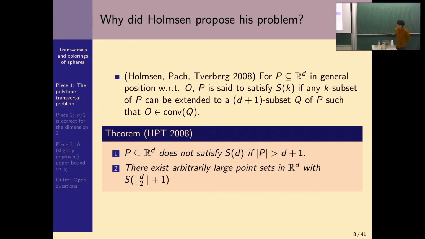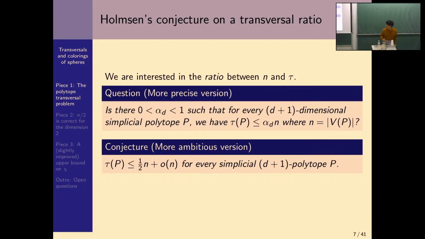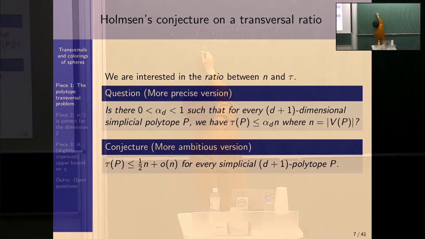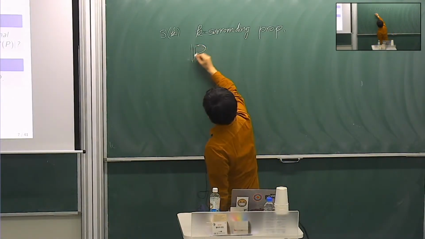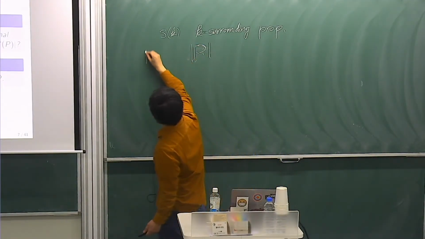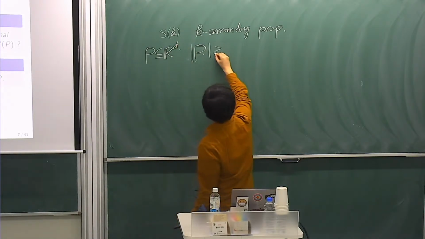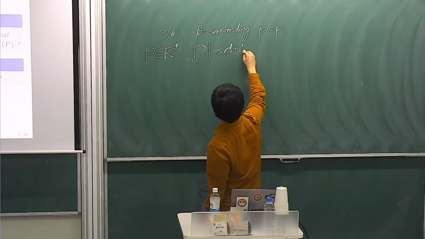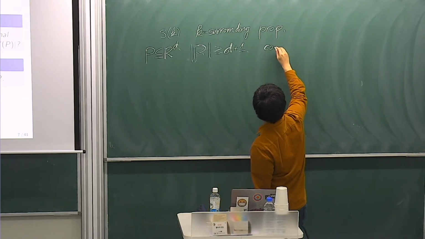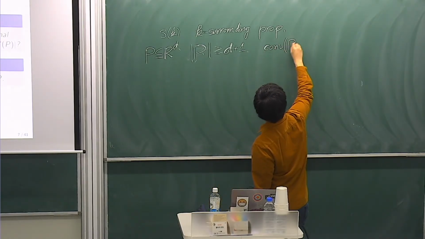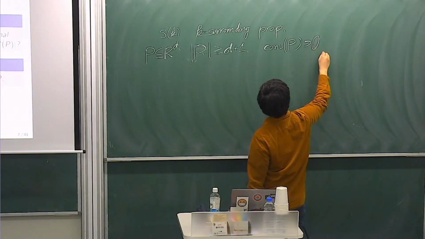Okay, so if we think about a point set P in R^d with size greater than or equal to d plus 1, and if the convex hull of P captures the origin, then there exists some Q, so P satisfies S0.